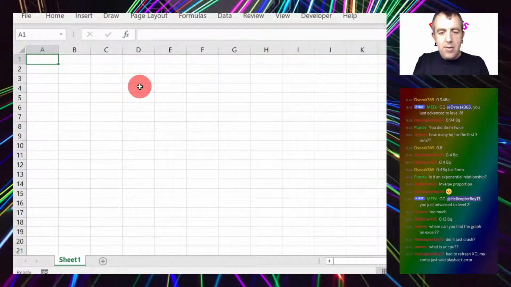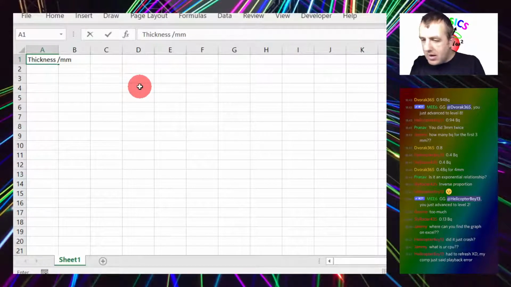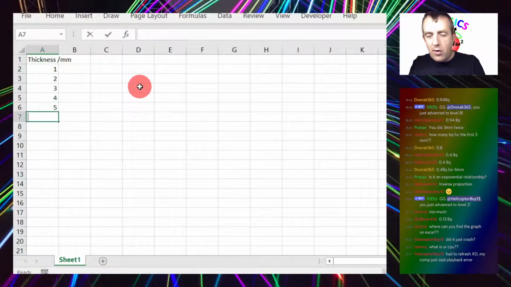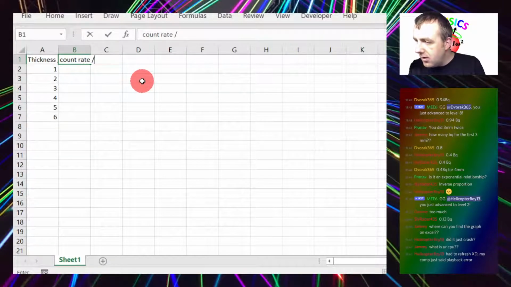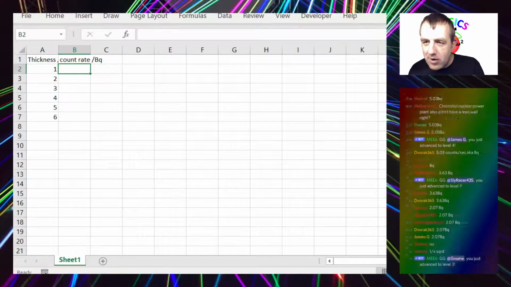We've got thickness in millimeters. What would you have? 1, 2, 3, 4, 5, and 6, I think it was. And then we've got counts here. And I didn't write any of them down. So, well, let's put count rates in becquerels. So hopefully I'll be able to scroll up the chat now and see what they were.